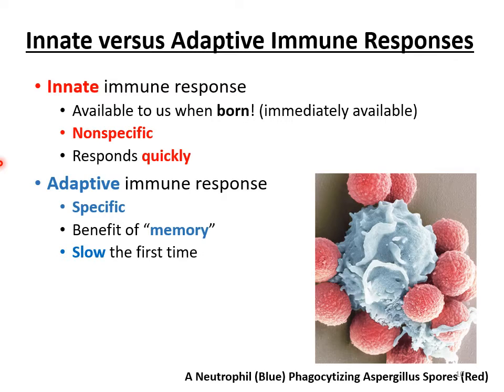Okay, so for instance, mucus in your nose, like snot, you may think that it's gross, but it's actually part of your innate immune response so that any of the microbes that you're breathing in will hopefully get stuck in there, and then you sneeze them out or you blow your nose and you get them out of your body. Okay, so it's non-specific, it's not targeting a particular microbe.